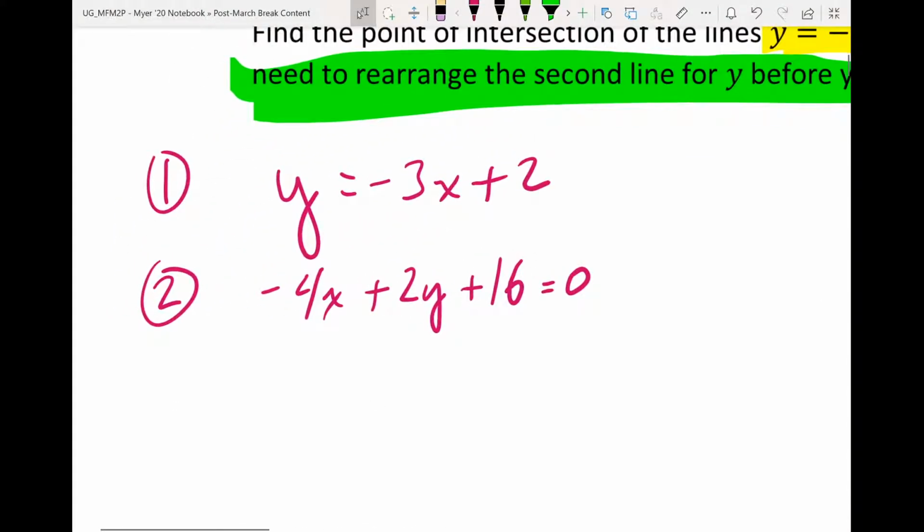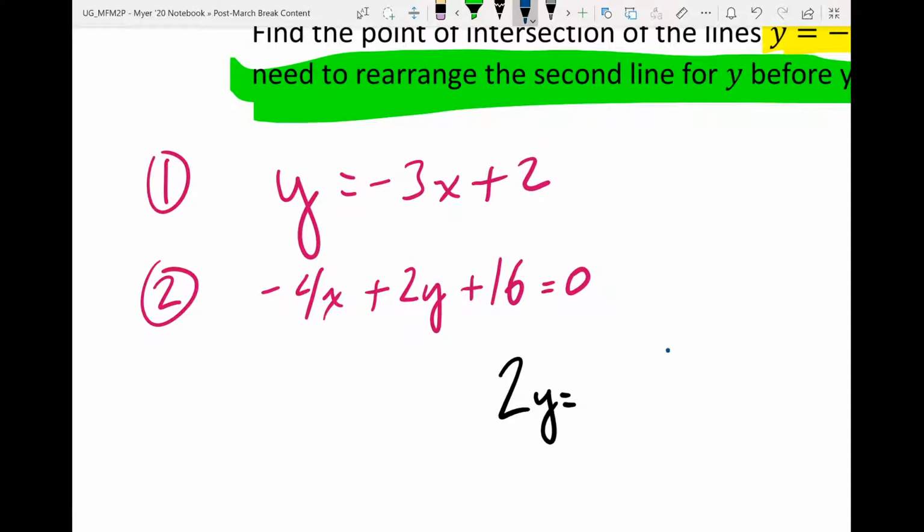All right, so what we need to do is put this in a y equals scenario. So we need to get rid of everything else. We just need to get the y on one side. So I want it to end up being 2y equals something. So to get 2y by itself, what do I have to do to the other things that are sitting beside it?